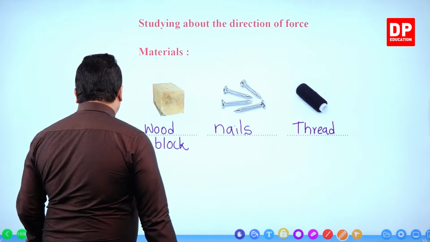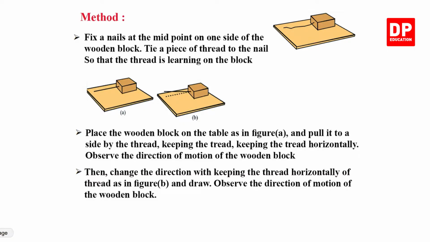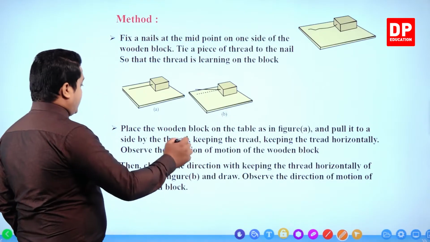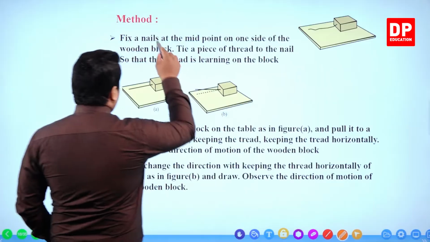So let's see how to conduct the activity then. Right, now let's see how to conduct the experiment, my dear children. So here the method is given: fix a nails. Now here there is a mistake in your textbook. It should be fix a nail, right? So here I'm going to erase that.